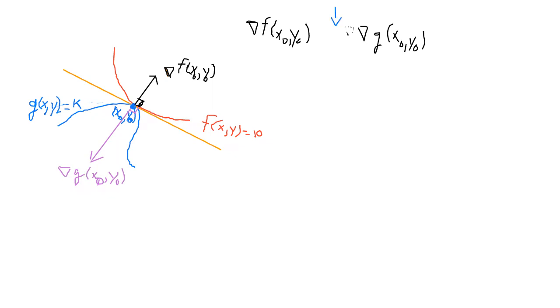There's something I'm looking for to put in there. Okay, Eric says one is a scalar multiple of the other. You're right. So they are parallel to each other. And that means that the gradient of f equals some scalar lambda times the gradient of g. The gradient of f is parallel to the gradient of g, so one vector is a scalar multiple of the other vector.